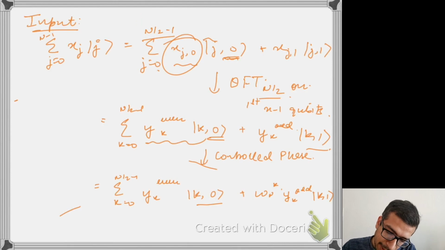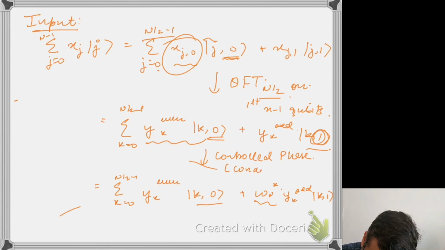Conditioned on this last qubit being 1, I have a phase of omega n to the power k. So the amount of phase is dependent on the first n minus 1 qubits, but whether to apply that phase or not depends on the last qubit.